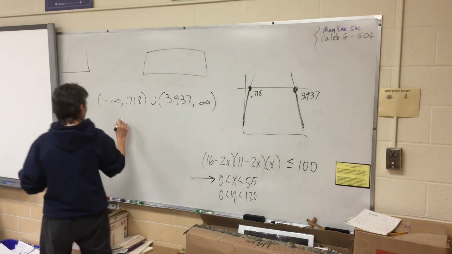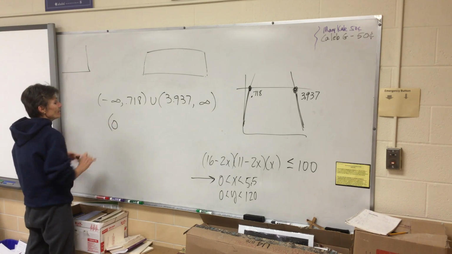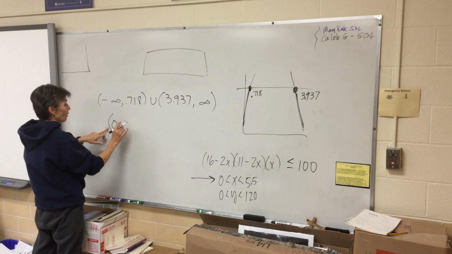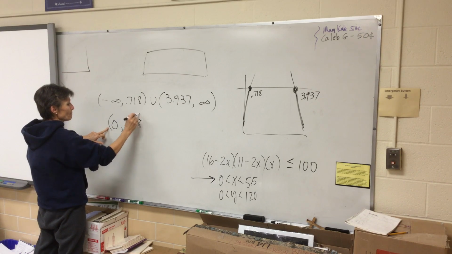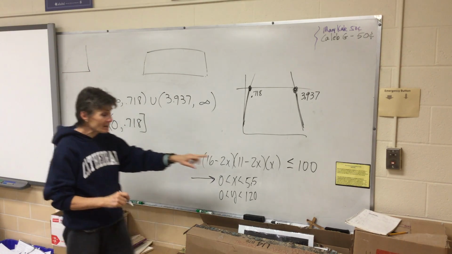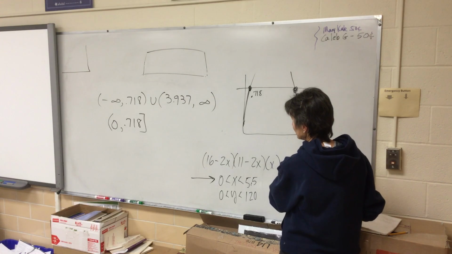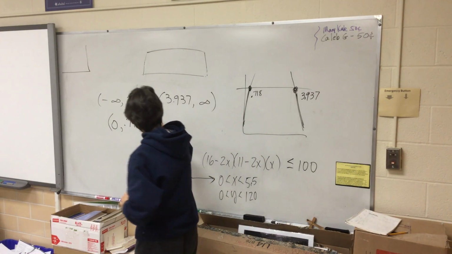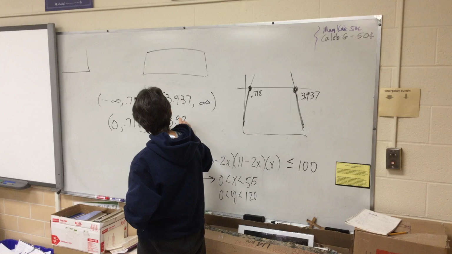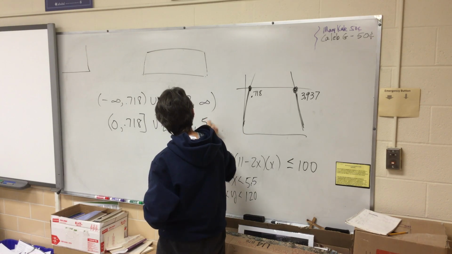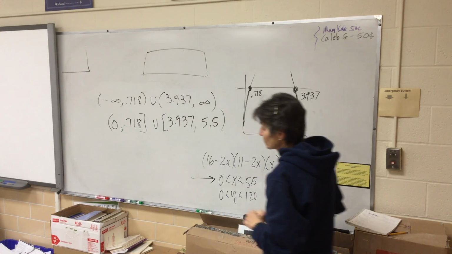So your answer is actually parentheses 0.718 bracket, because we can be equal to 100, or bracket 3.937, 5.5 parentheses.